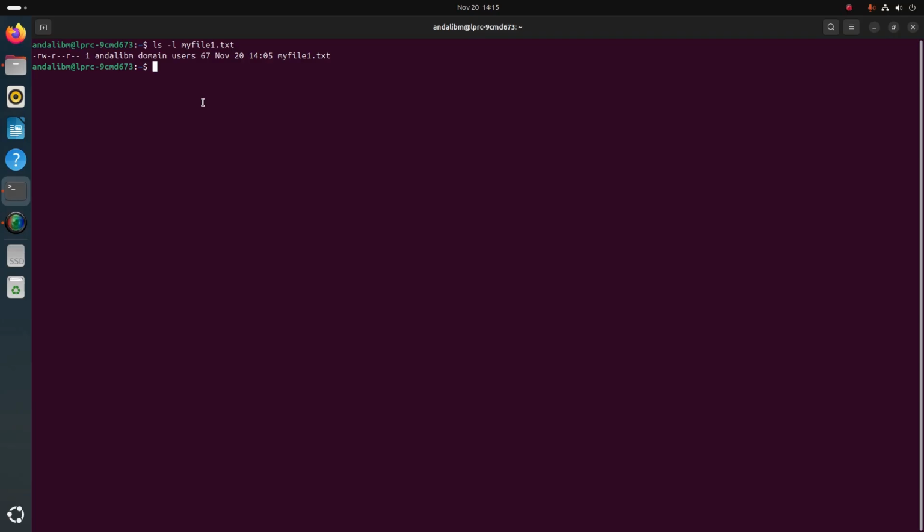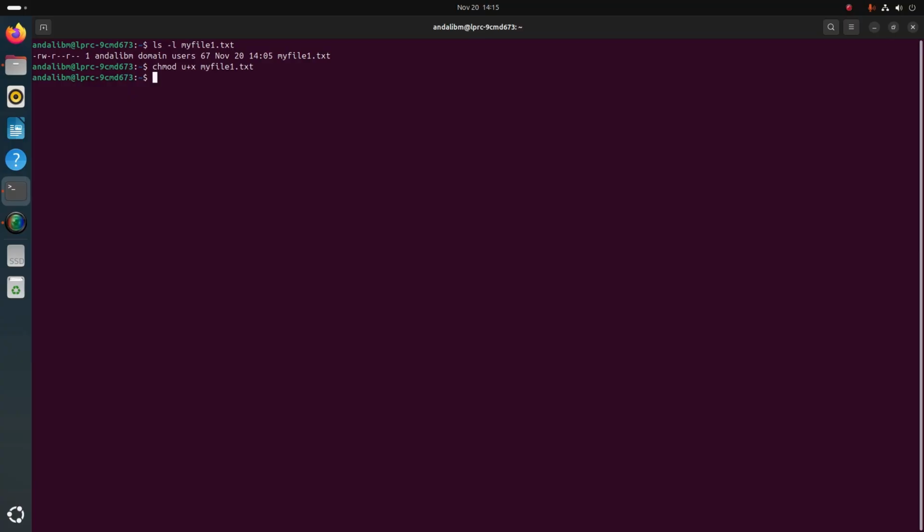Now this is a text file, so execute doesn't really mean anything. But if you want the user to also be able to execute the file, you say chmod, and then you say u+x, and then you provide the name of the file here. So that means allow the user to execute this file.